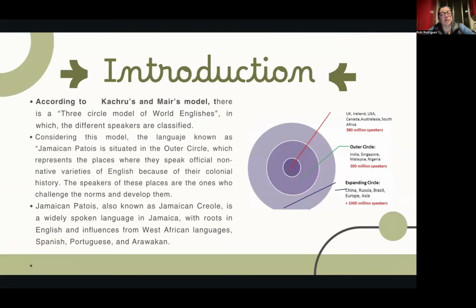According to Kachru's model, there is a three-circle model of World Englishes in which the different speakers are classified.